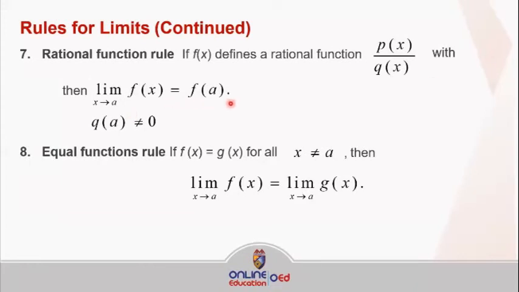Parang pareho lang din to sa quotient rule, wherein Q of a is not equal to 0. Kasi kapag naging 0 yung denominator natin, hindi tayo makakuha ng value, undefined yung value natin.